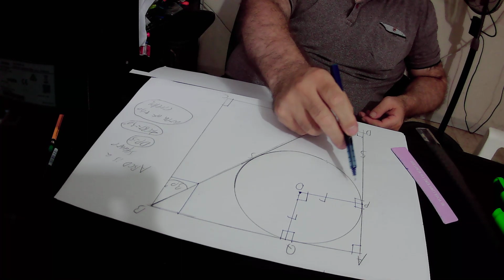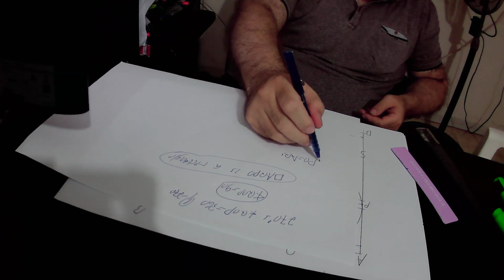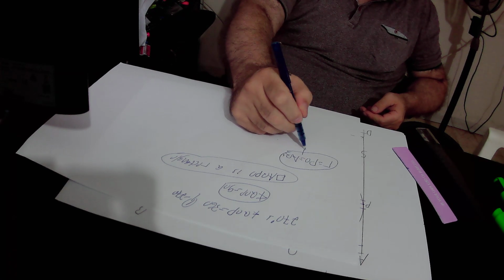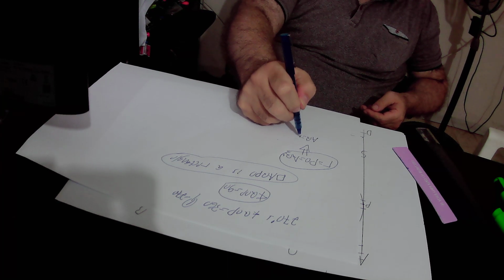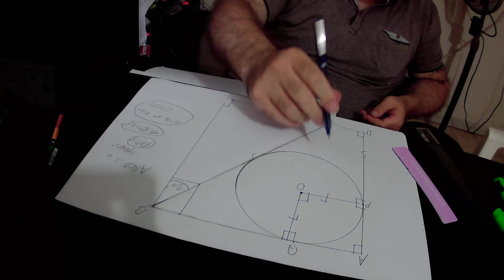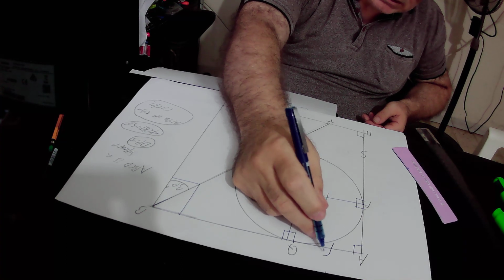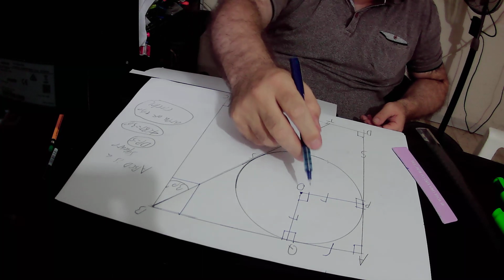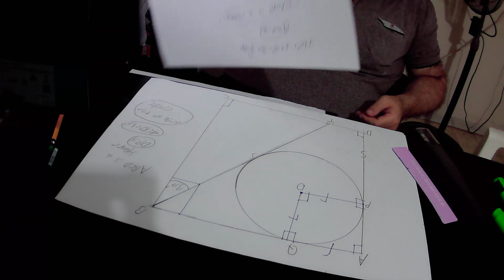But we already found out that PO equals R, it is the radius of the circle. So we write here that PO equals R, and from this equation R equals PO equals AQ, we derive that AQ is also equal to R. Likewise, according to the same rule that the opposite sides of a rectangle are equal to each other, we get that AP equals QO.